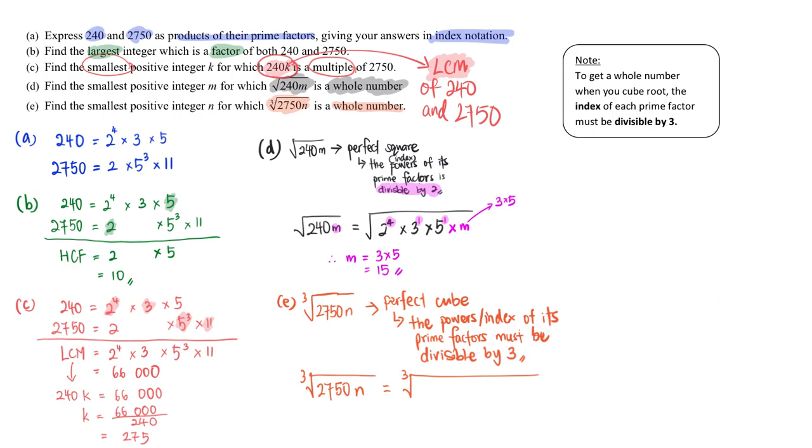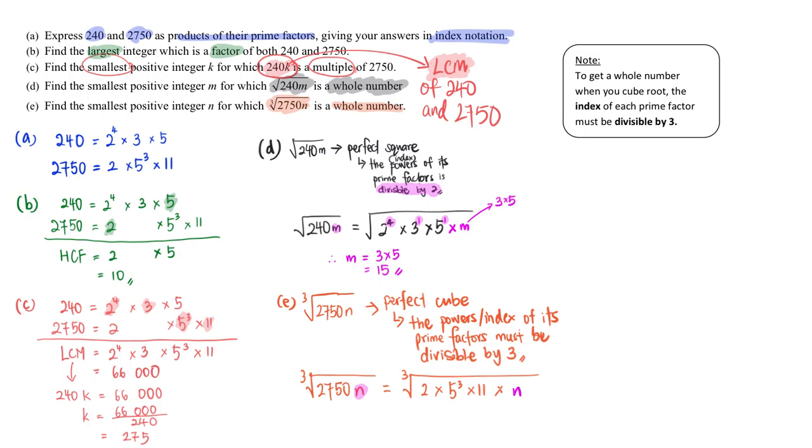First for 2750, which will be 2 times 5 to the power of 3 times 11, times this special n. So I must multiply by n.